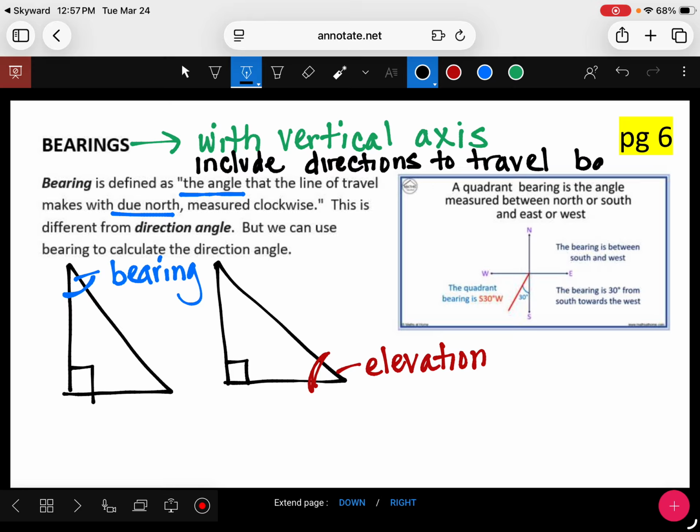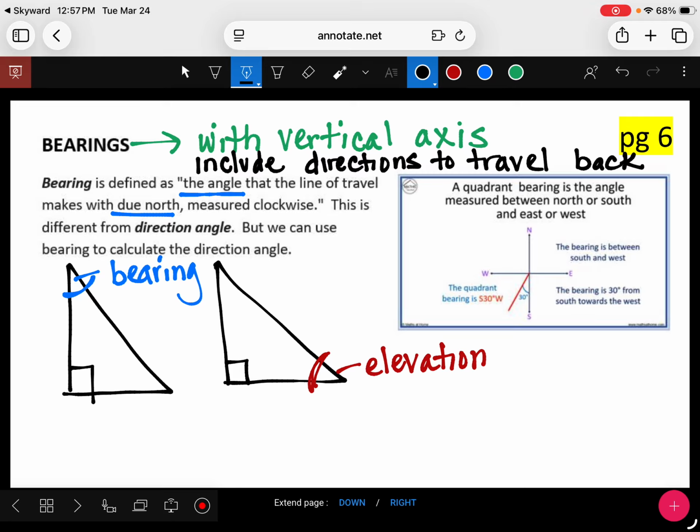So whenever we're talking about a bearing, we're going to be talking about an airplane or a ship, and we have to include, when the airplane goes back to the port, what direction is it flying back? Or if a ship is going back to the port, what direction is it sailing back? All right, but I think you'll find this also pretty simple. So let's go ahead and get started.